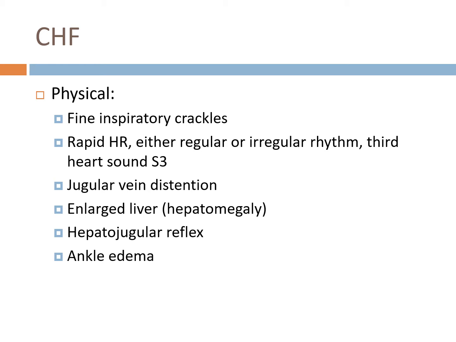Their heart rate's usually up. It can be regular or irregular. They might have jugular vein distension in their neck. They may have an enlarged liver. They may have the hepatojugular reflex, where the doctor pushes down on their liver below their ribs, and when they push on it, the vein distends in their neck, and also ankle edema.